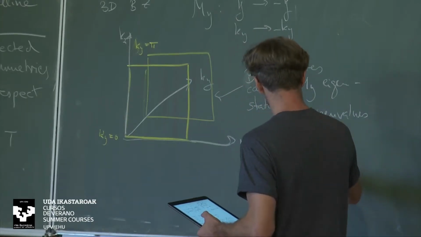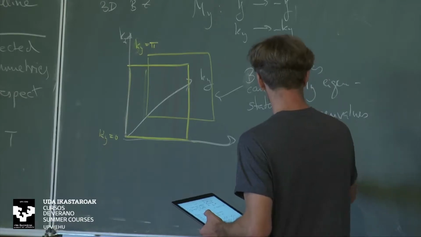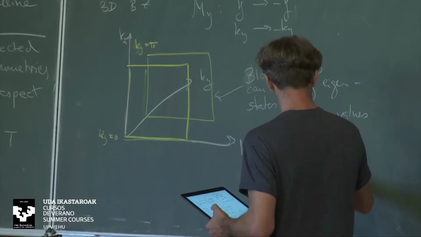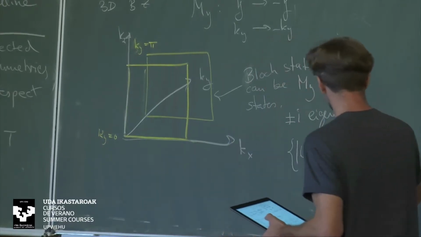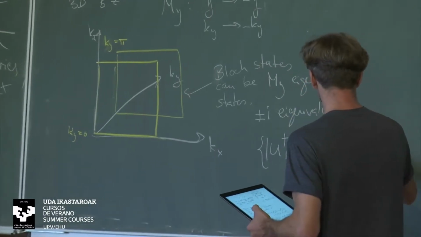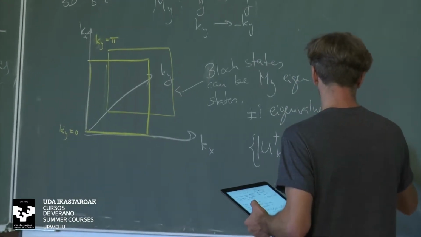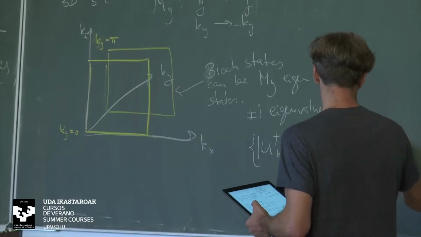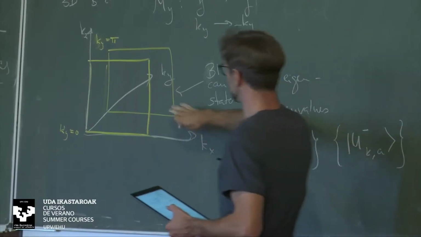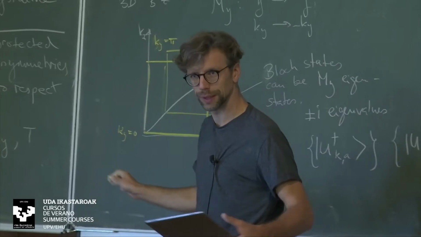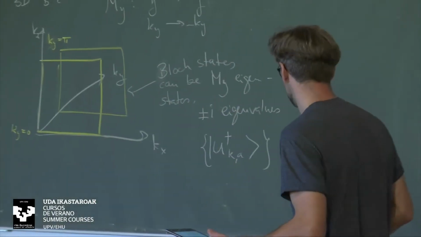So we have a set of u plus, let's say, k and band index, and then we have another set of u minus. Yeah? So we have all the occupied bands on this plane split into two sets.